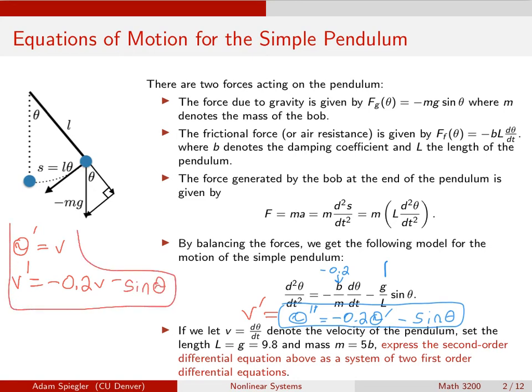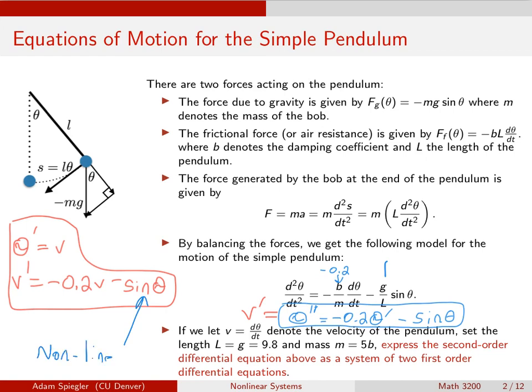So now I've taken the second order differential equation, which is governing the motion of this pendulum, and I am able to write it as a system of two first order differential equations. However, this differential equation is nonlinear because we have this sine over here. So just be aware that this is nonlinear.